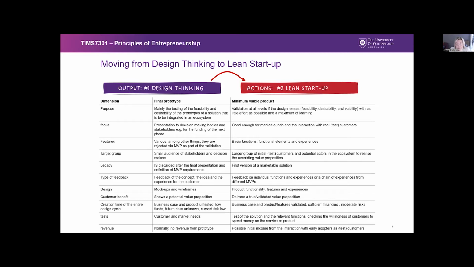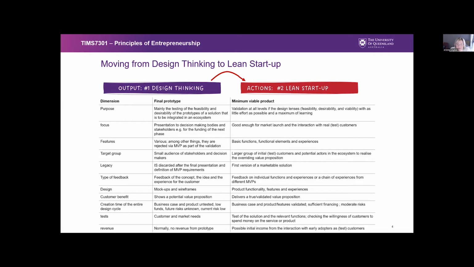So we're still doing this iterative process of discovery or thinking about the customer, doing some ideation and then evaluating or testing, but we're moving to a more holistic way of looking at it. You can see here the focus of design is presentation to decision-making bodies and stakeholders. So you would probably want to have a concept to be able to get funding for the next phase.